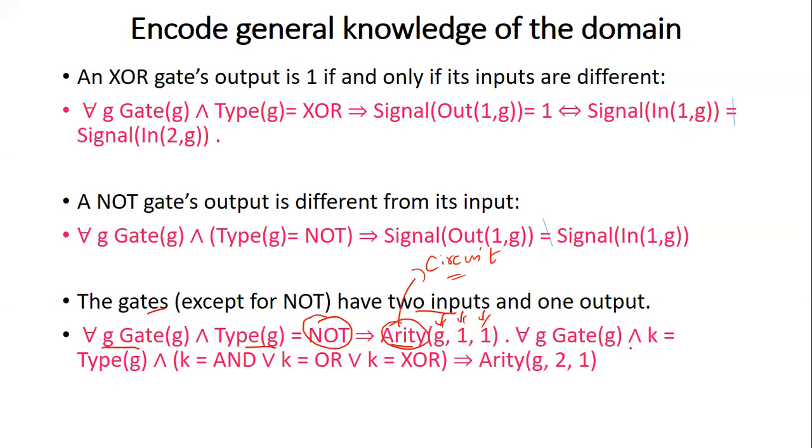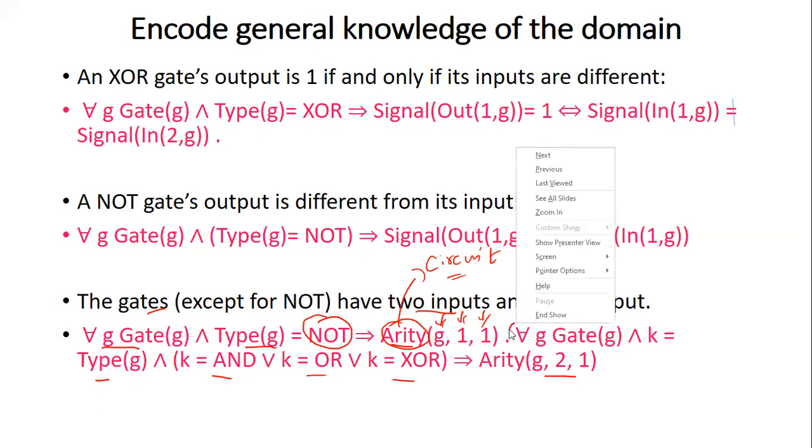For all G, gate of G, and K equal to type of G, and K equal to AND, or K equal to OR, or K equal to XOR, it implies arity G comma 2 comma 1, right? If it is some other gate, if it is not a NOT gate, then that gate will have 2 inputs and 1 output.